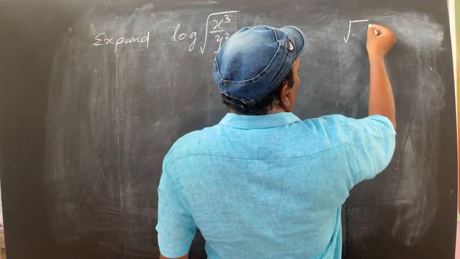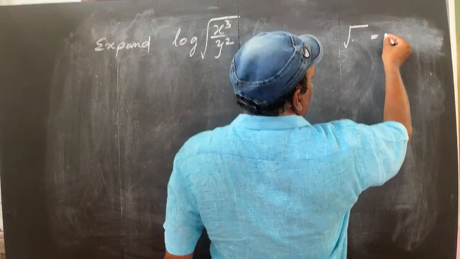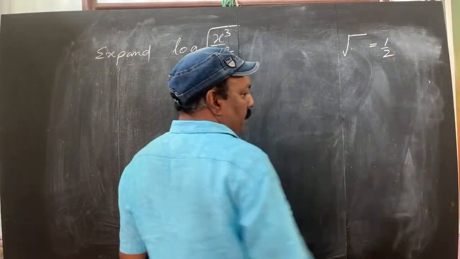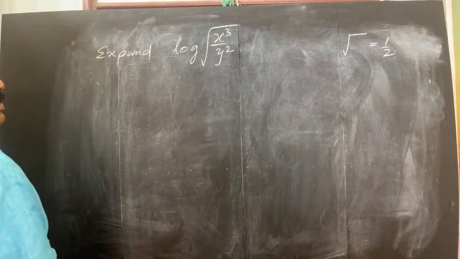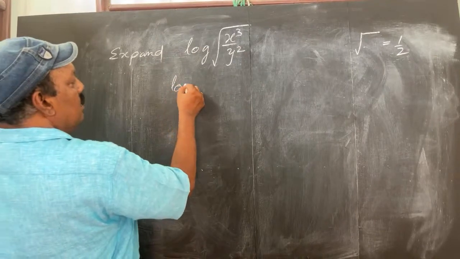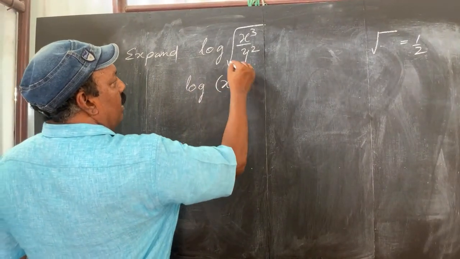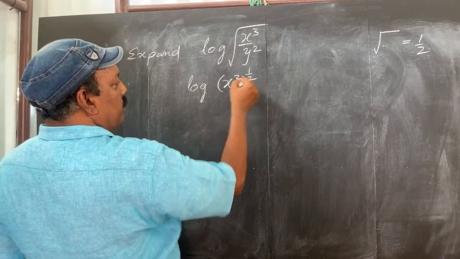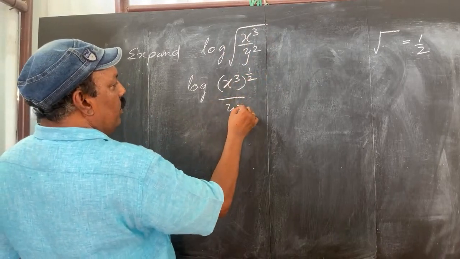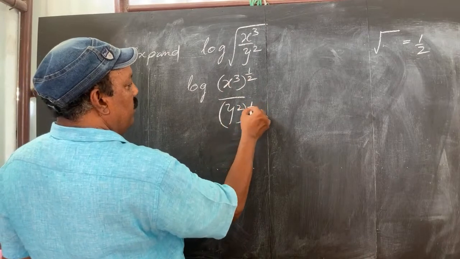What is the meaning of root? Root is nothing but 1 by 2. Root value is nothing but 1 by 2. So here log x cube, the root I am converting as 1 by 2, and here also the root I am converting as 1 by 2.